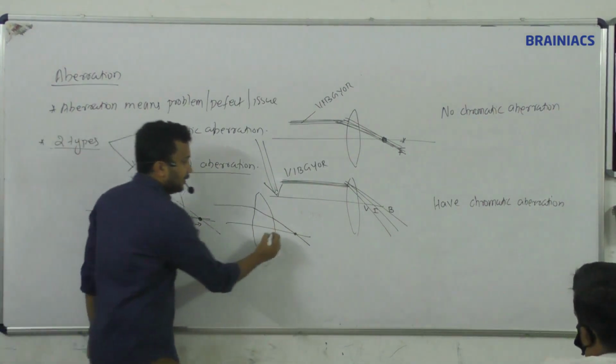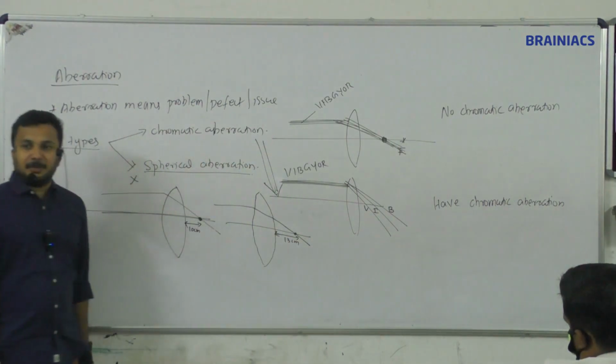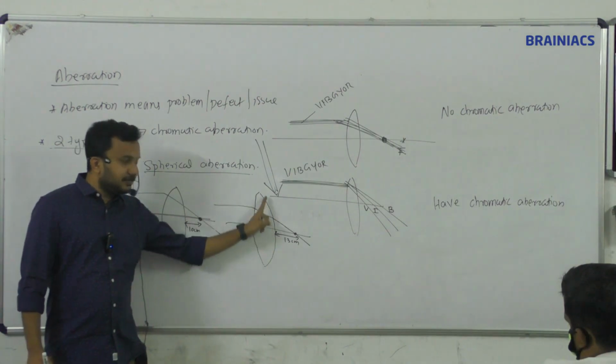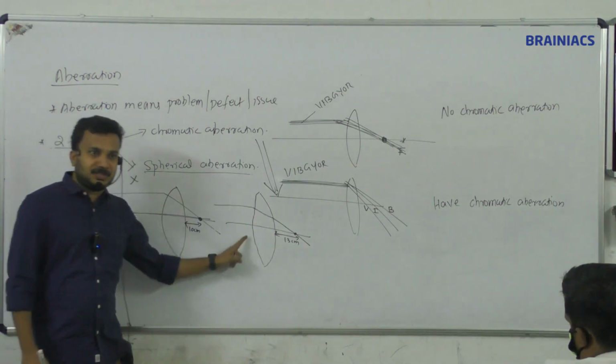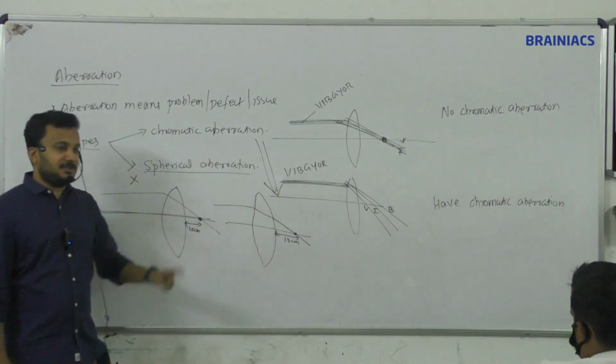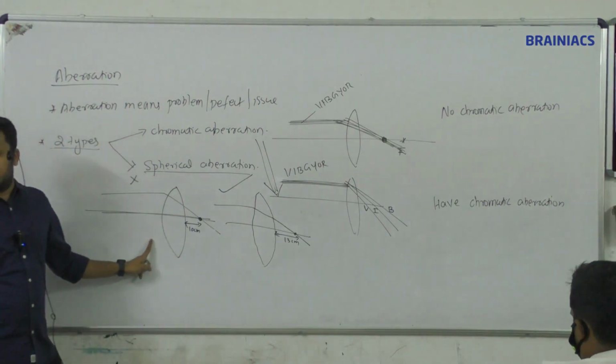Because of the spherical aberration, maybe the focus happens at 13 centimeters. This problem is because of the lens curvature and the defect in polishing. This is called spherical aberration. This has spherical aberration, this has no spherical aberration.